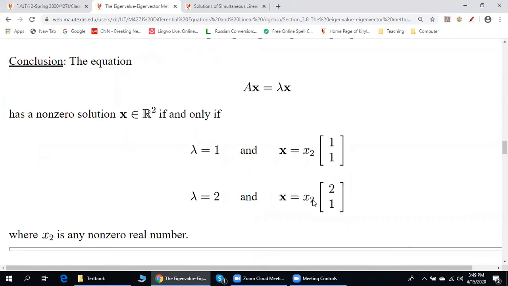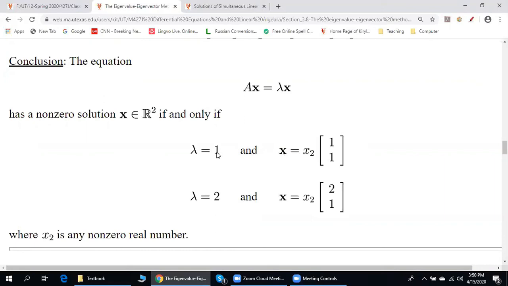Yeah, so the eigenvector includes the x2s as well, or just the matrix? No. The eigenvector is the whole construction, x2 times 1, 1. The eigenvector is boldface x. Okay.